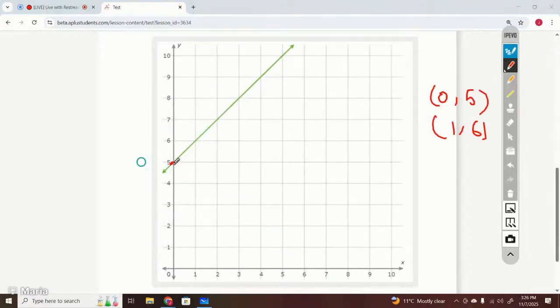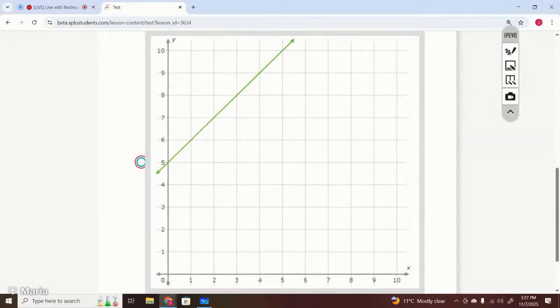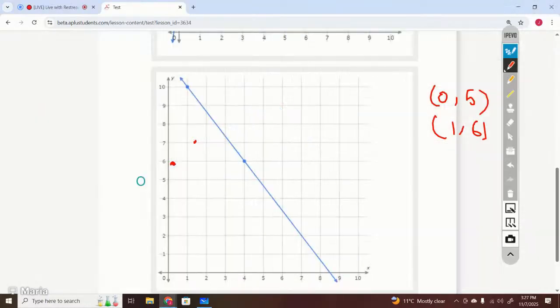Here the point is 0, 5, and here the point x is 1, y is 6. So this is the correct option. Got it? Option number 2 is the correct option.